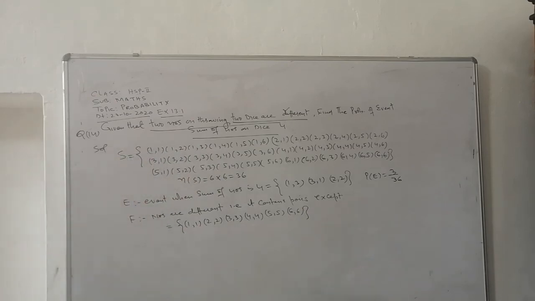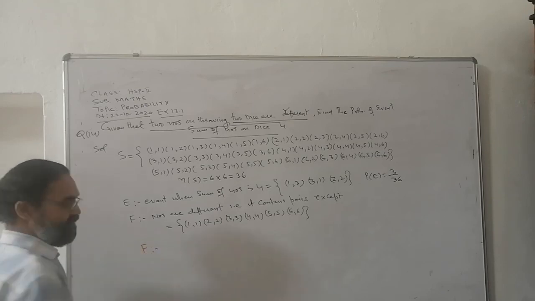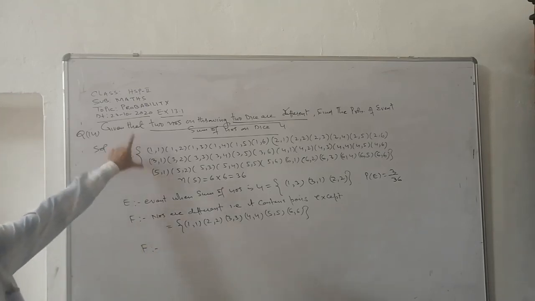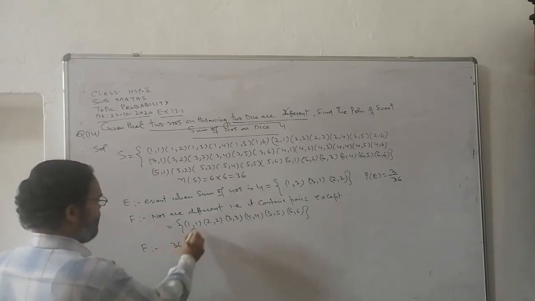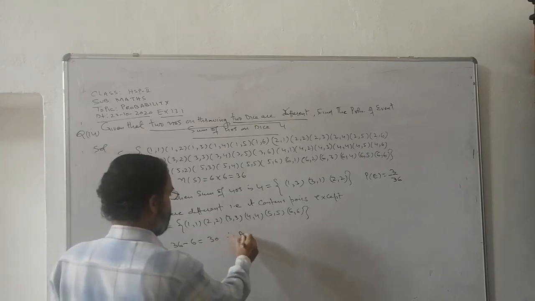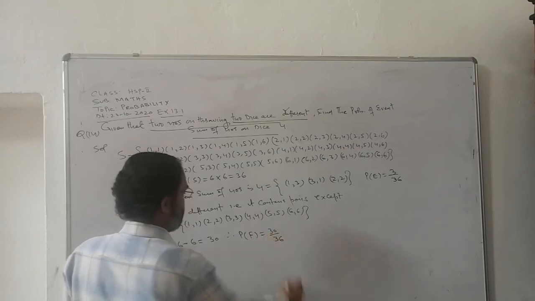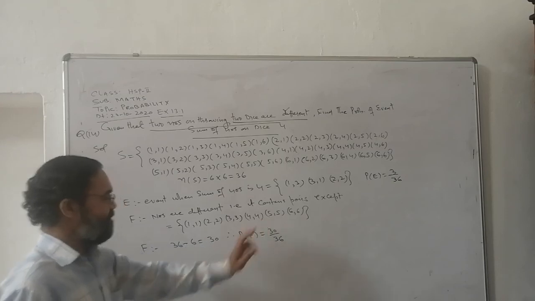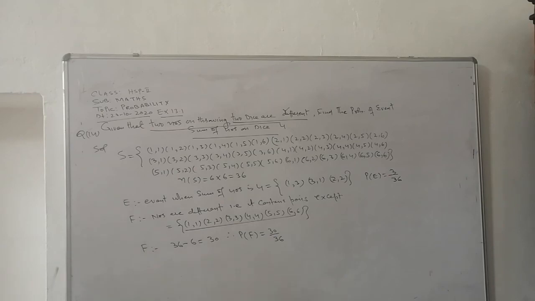So these are the numbers that are the same, and F contains the different numbers. That means out of 36, if we exclude these 6, we are left with 30. So the probability of F will be 30 upon 36. So 30 points are different and 6 points are similar, and we have to exclude the similar points.